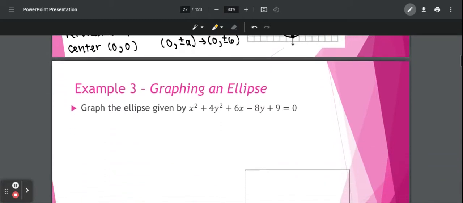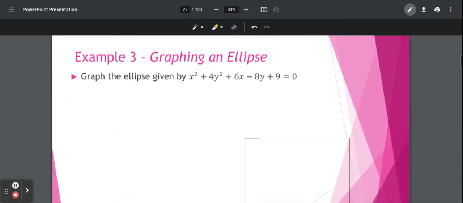So here again is graphing an ellipse, but if you notice, we are not in the standard equation. And so we're going to have to complete the square to get this into that standard equation. So same kind of thing that we did with the circles and with the parabolas. And so if we get the x's together, we'll have x squared plus 6x.